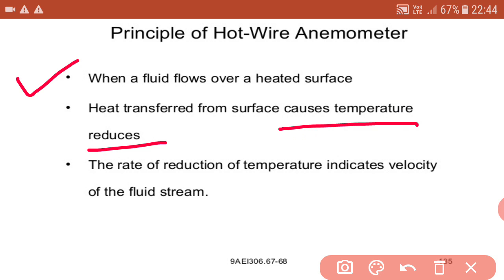The rate of reduction of temperature indicates the velocity of the fluid stream. So there is a relation between these two.